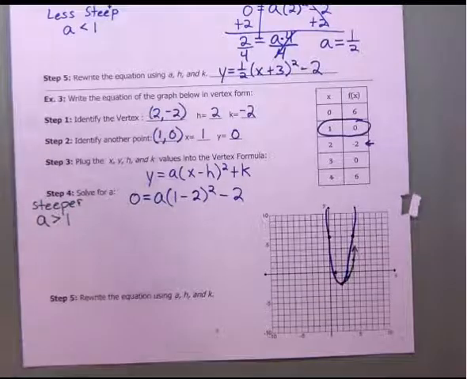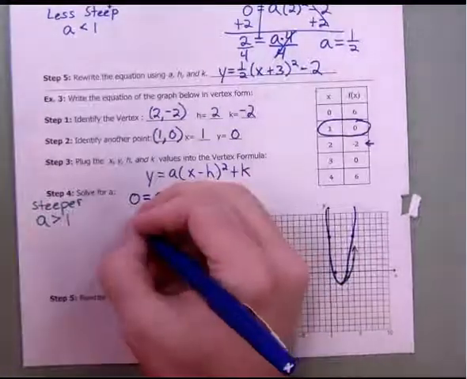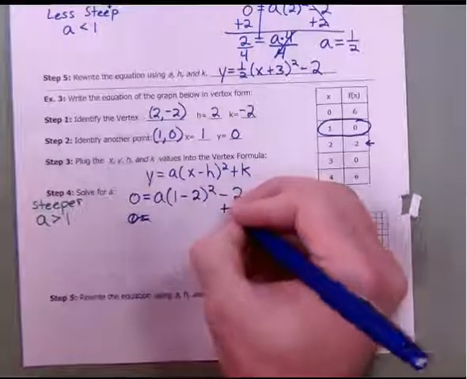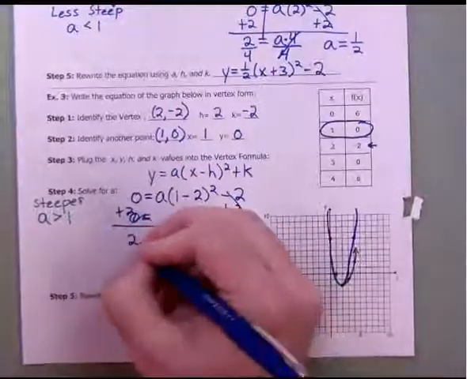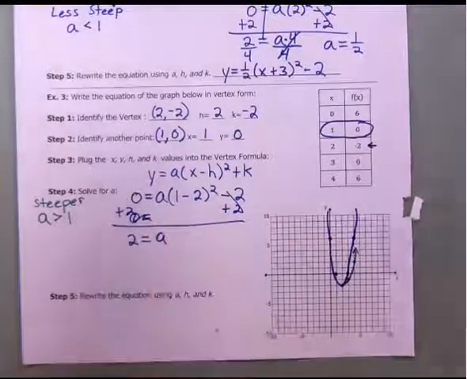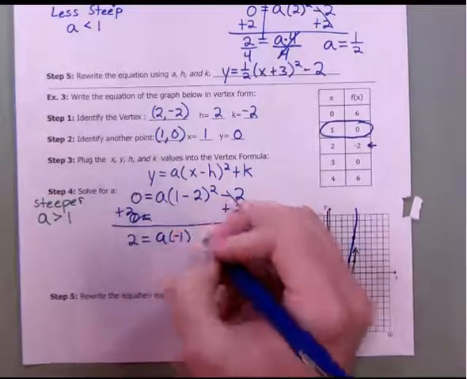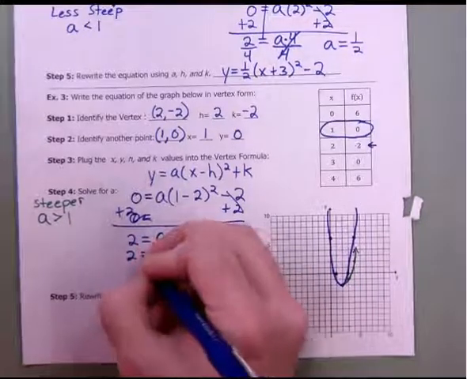All right, let's see if the math agrees with us here. So 0 equals, add over the 2. Add over the 2. That's going to give us 2 equals A times 1 minus 2 is negative 1 squared. What's negative 1 squared?